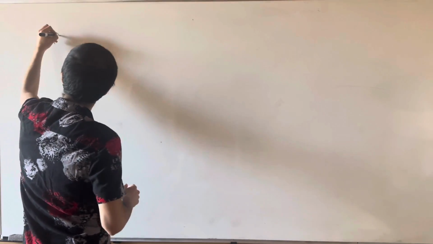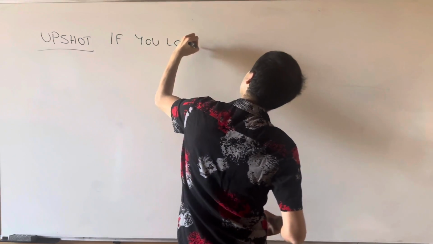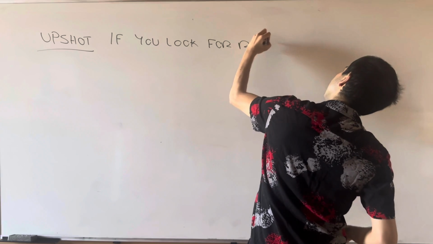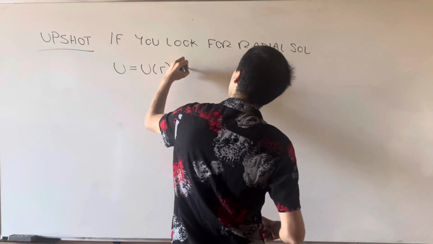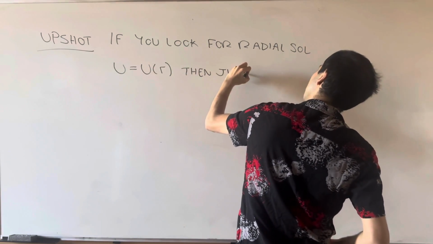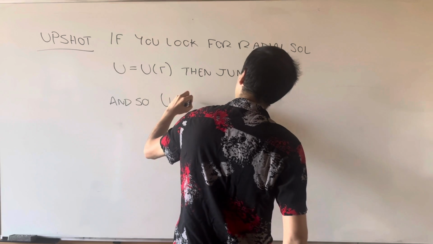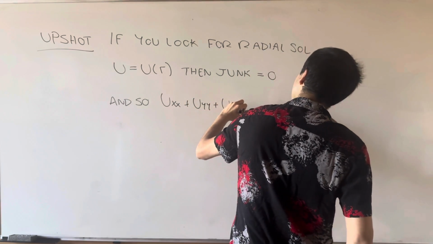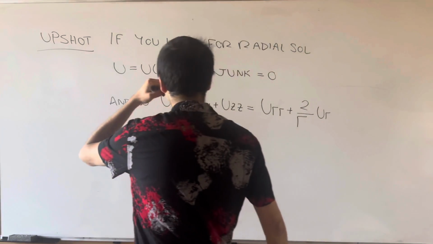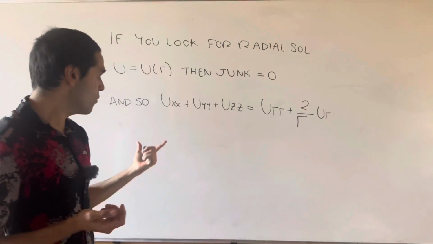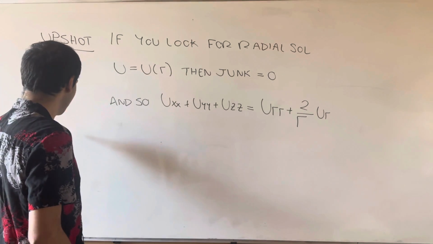So, upshot, if you're looking for radial solutions, namely u equals u(r), then junk is 0, and so we get uxx plus uyy plus uzz is just urr plus 2 over r ur.